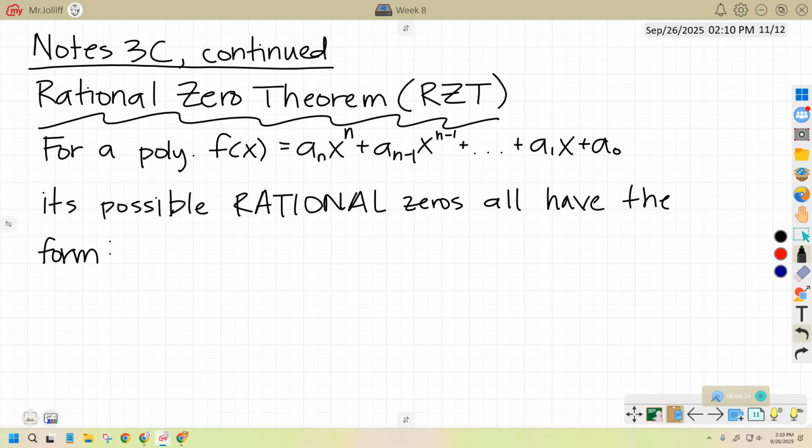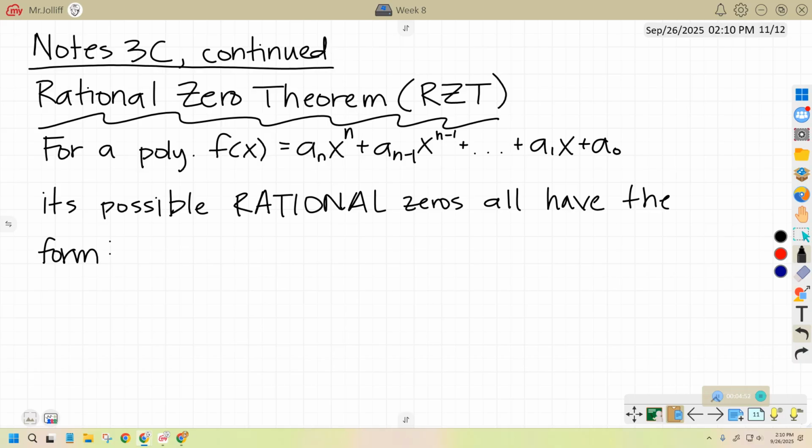What's a ratio? Think of your favorite math word that starts with an F. Fraction. Ratios are fractions. So rational numbers are numbers that can be expressed as a fraction with integer numerators and integer denominators. They are ratios of integers.